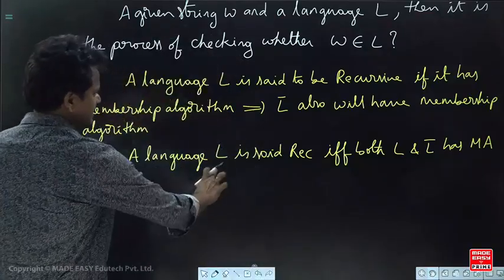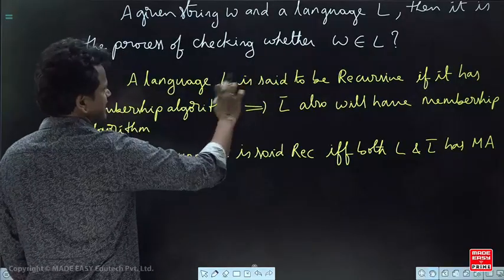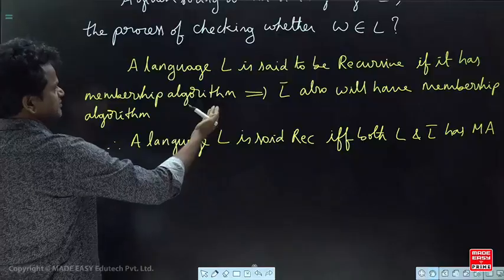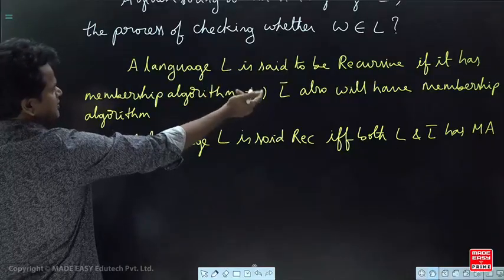You can say it like this, or simply: a language is said to be recursive if it has membership algorithm, and whenever a membership algorithm exists for L, its complement also will have.